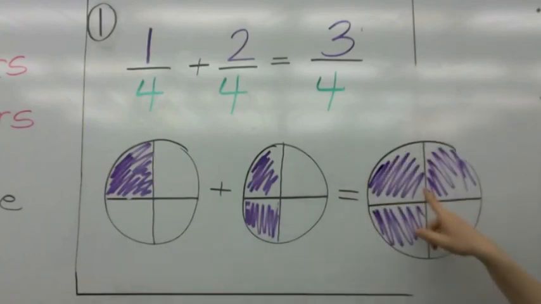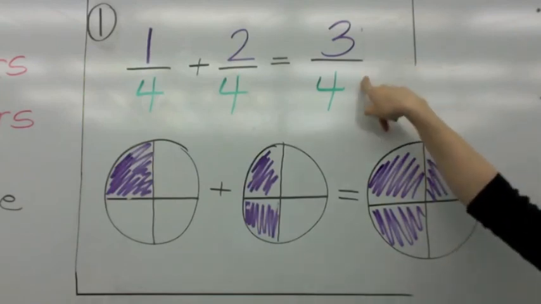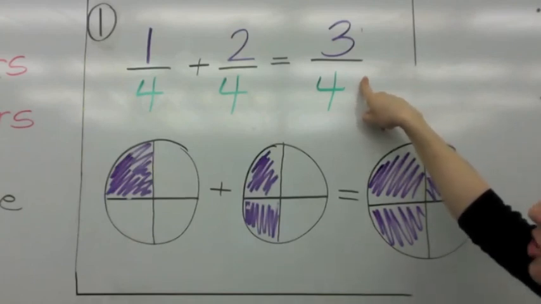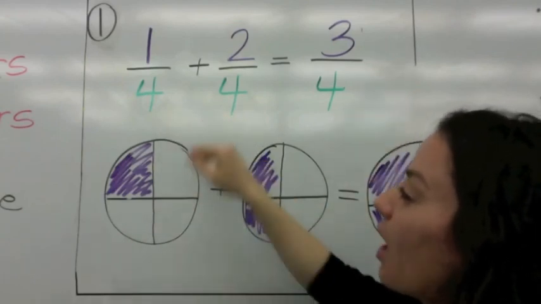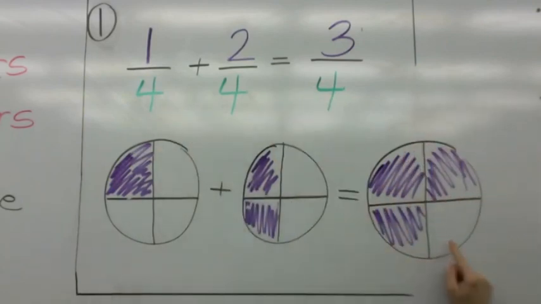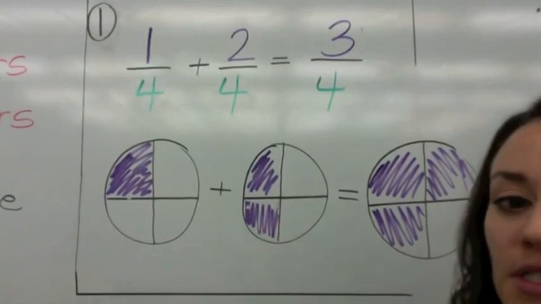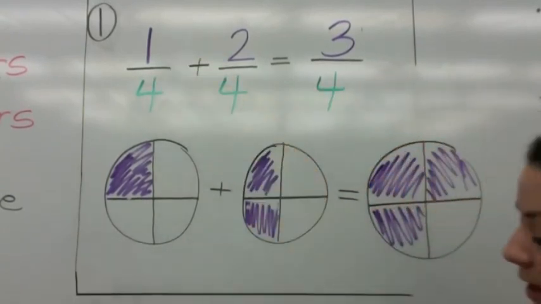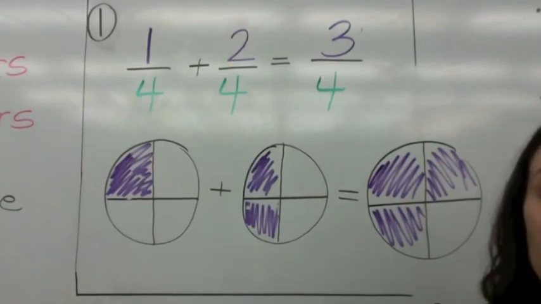Okay, is this 3/4? Yes. Is the answer 3/4? Yes. So, just because you are adding fourths does not mean that 4 plus 4 is 8, because we don't get eighths, okay? We are only adding fourths, so because they have a common denominator, we can go ahead and just add the numerators together and keep the denominator the same.